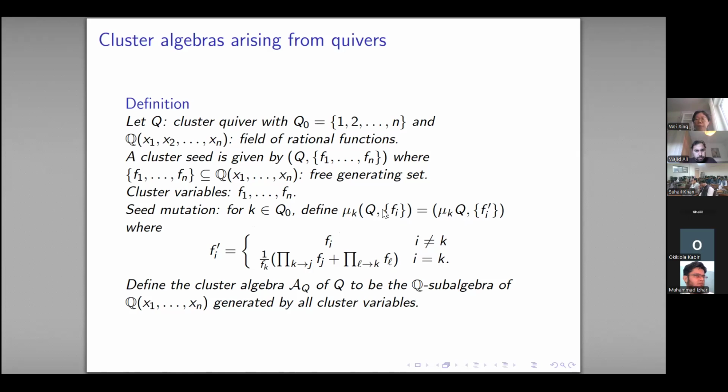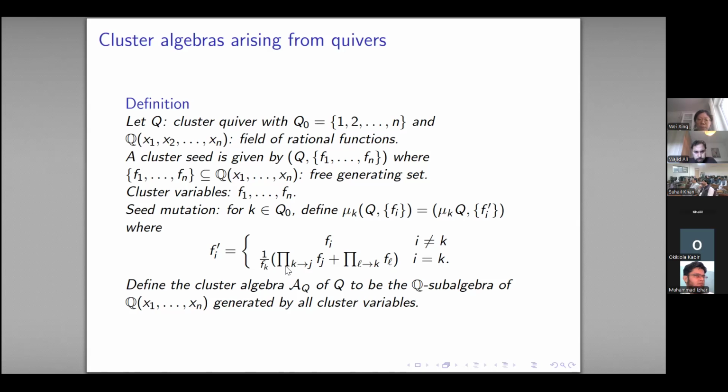And the quiver will be just the quiver mutation at vertex k. And the collection of cluster variables fi will be modified in the following way. All the others are the same, and only fk is changed by this rule.